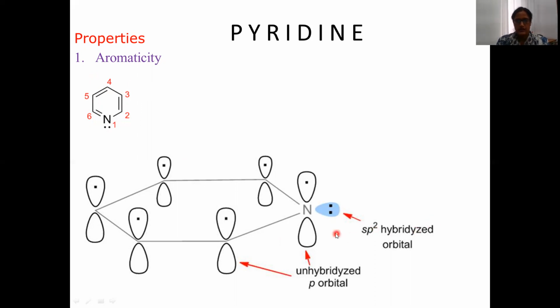If we see the planar structure of pyridine, each of the carbons has a p orbital containing one pi electron, and the nitrogen is sp2 hybridized, like these carbons. All these pi orbitals are located parallel to each other.